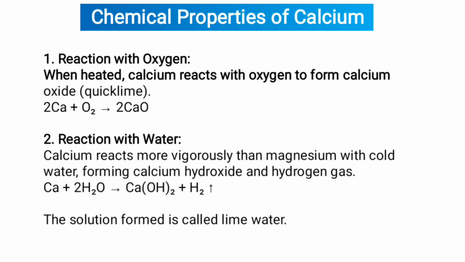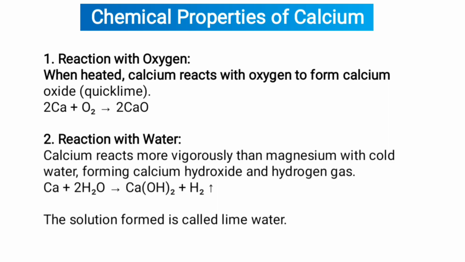Now, chemical properties of calcium. First one, reaction with oxygen. When heated, calcium reacts with oxygen to form calcium oxide: 2Ca plus O2 gives 2CaO. And the second one is reaction with water.